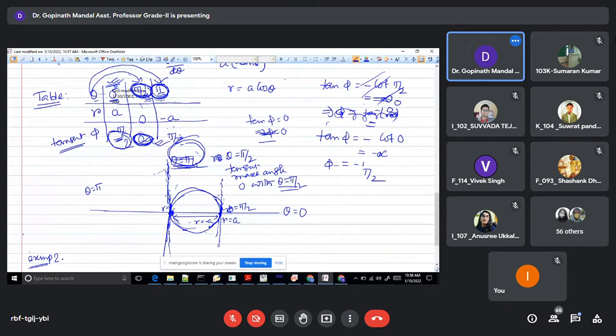Now from here, this is theta equal to pi, r equal to a. And at the point theta equal to pi, if r equal to again a, then this point will be here. But at the point pi by 2 r equal to minus a, that means this distance, r equal to minus a.